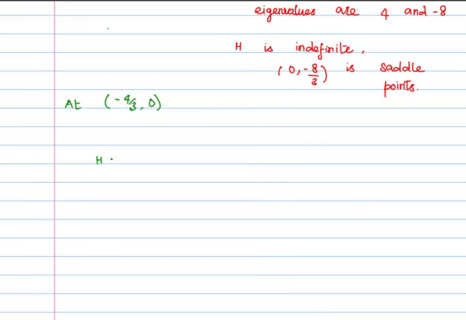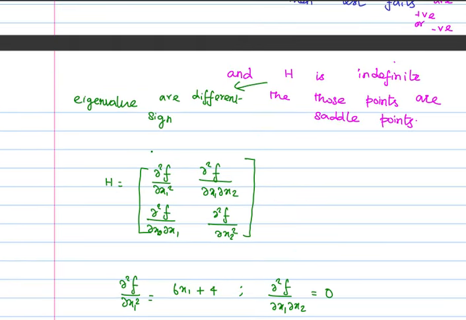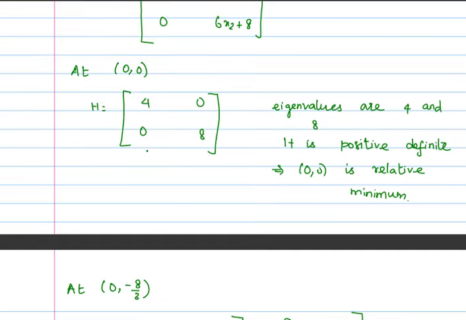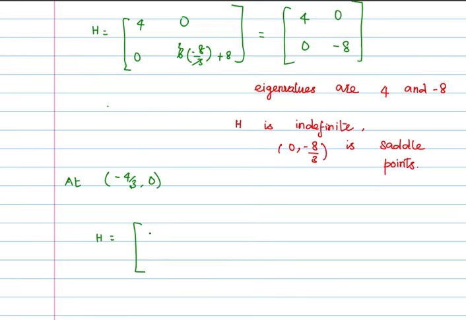Our Hessian matrix has 6x1 + 4, so 6 times -4/3 plus 4, with 0, 0, and 6x2 + 8. Since x2 is 0, simply 8 will come here.